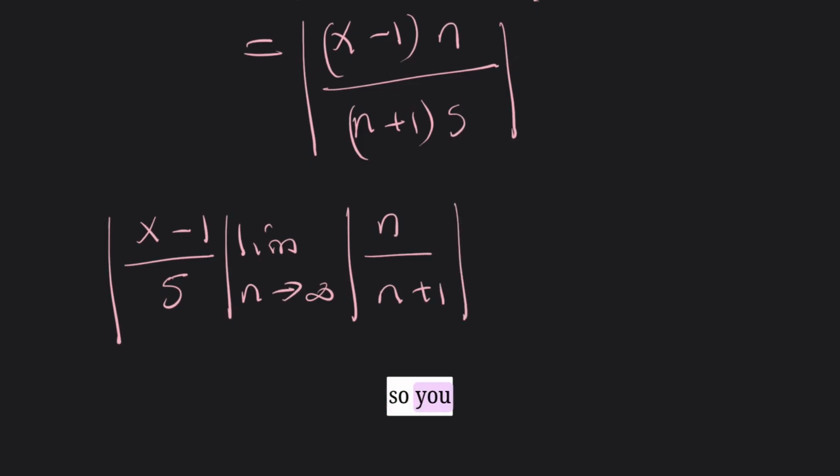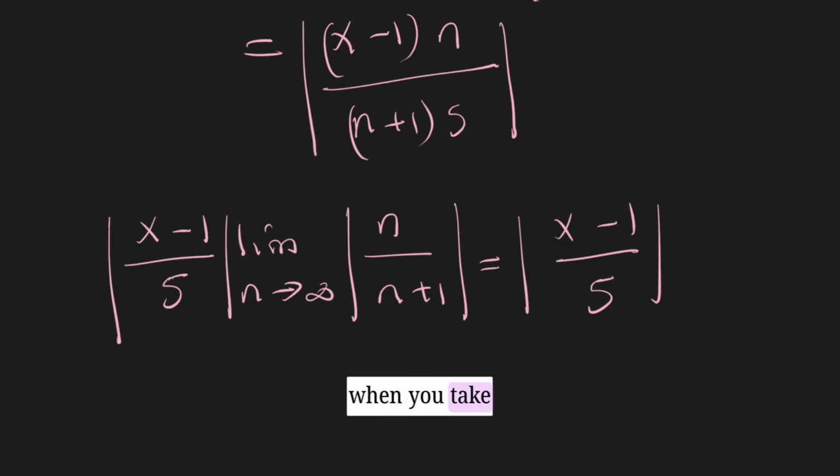You can see that as n goes to infinity, this is just 1 divided by 1 plus 1 over n. So this gives us the absolute value of x minus 1 divided by 5, multiplied by 1, which I don't write. In a nutshell, when you take the limit as n goes to infinity of the absolute value of a sub n plus 1 divided by a sub n, you get the absolute value of x minus 1 divided by 5.